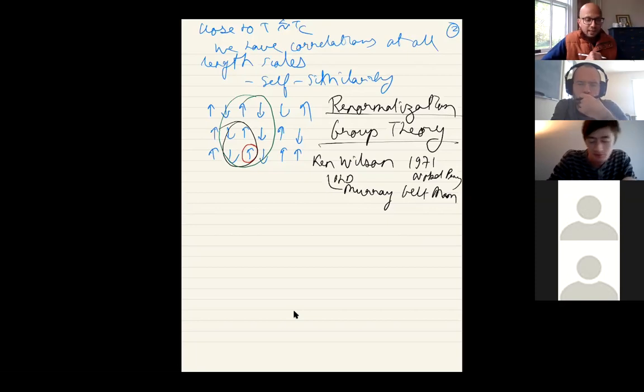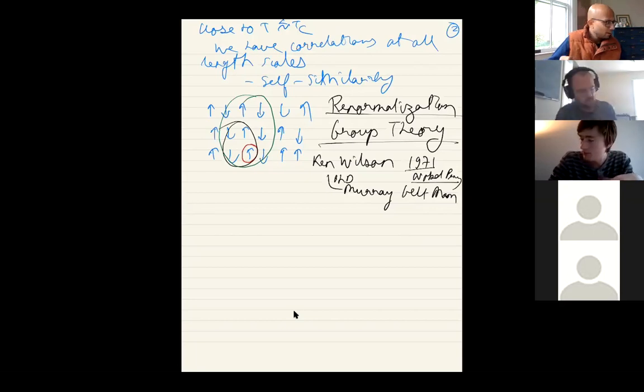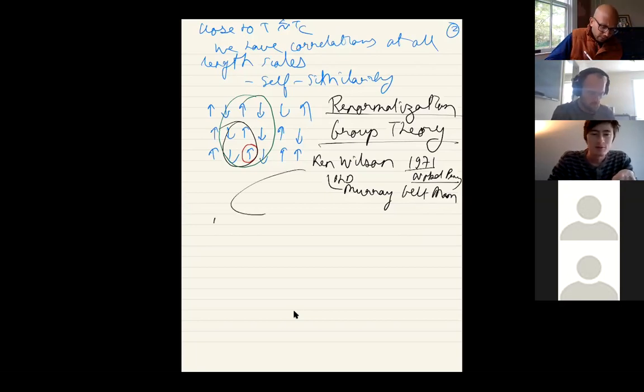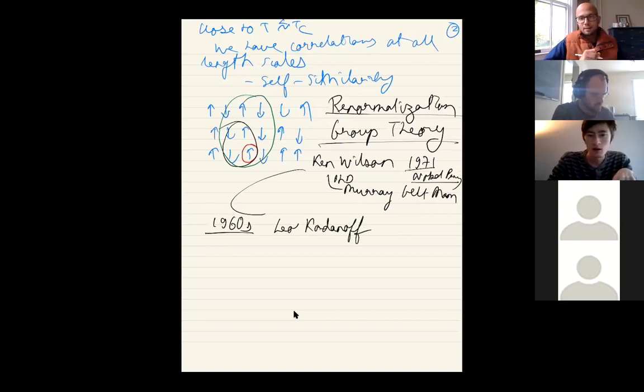So Ken Wilson worked with him, and then he was an undergrad at Caltech, and then he went to Cornell and worked on the renormalization group theory, which led to the Nobel Prize. Even before Ken Wilson, the idea for renormalization group theory had existed, and two people had worked on it. One was Leo Kadanoff at Cornell. He recently passed away.